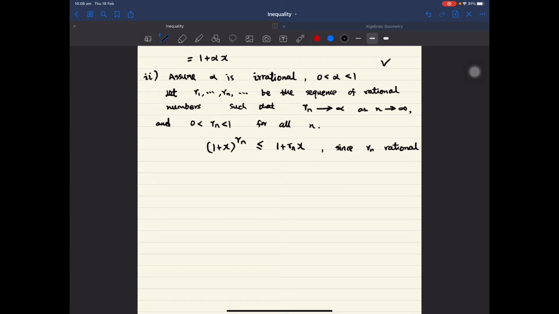Therefore, we take the limit on both sides, as n goes to infinity, of (1 plus x) to the power of rn is less than or equal to the limit of 1 plus rn x. That is true for all n as well. So by real analysis, we know that we can just take the limit on both sides. We get (1 plus x) to the power of alpha less than or equal to 1 plus alpha x.